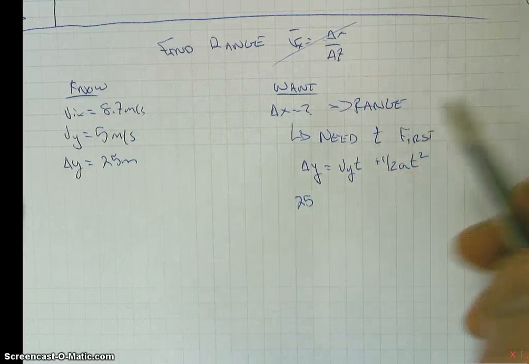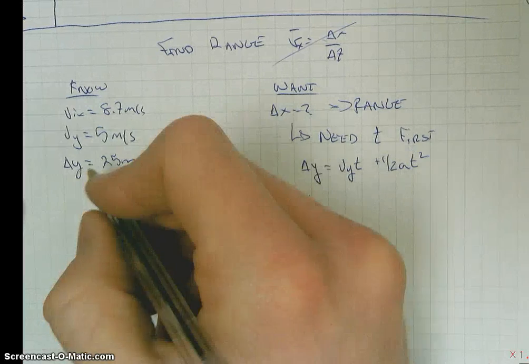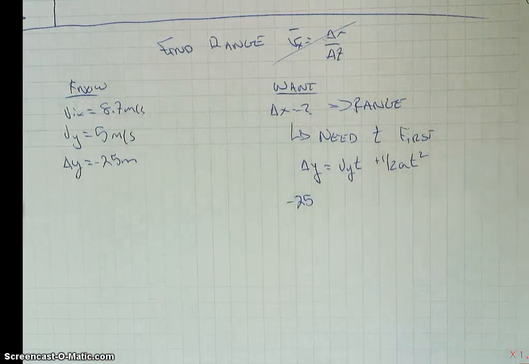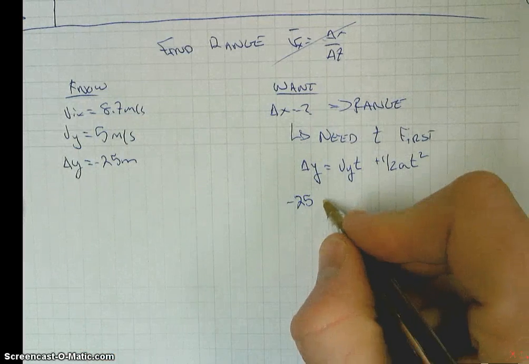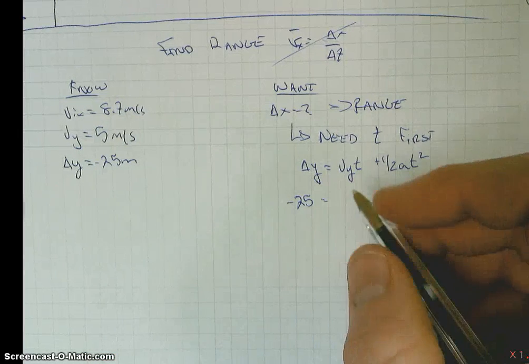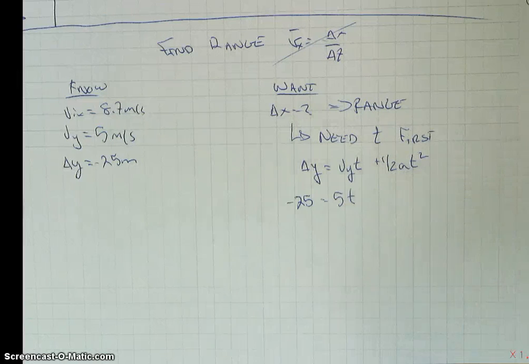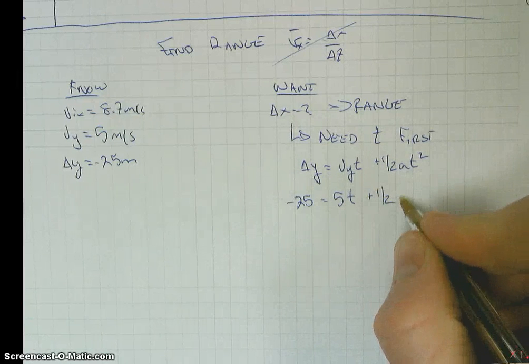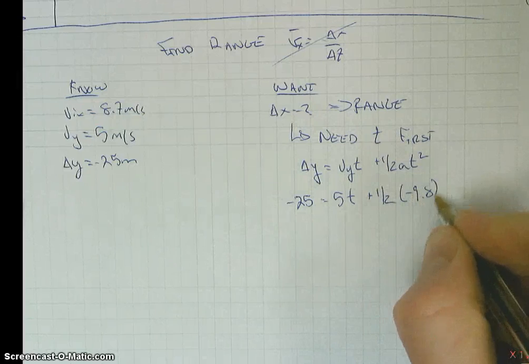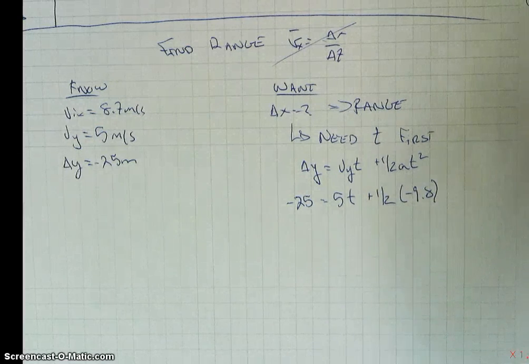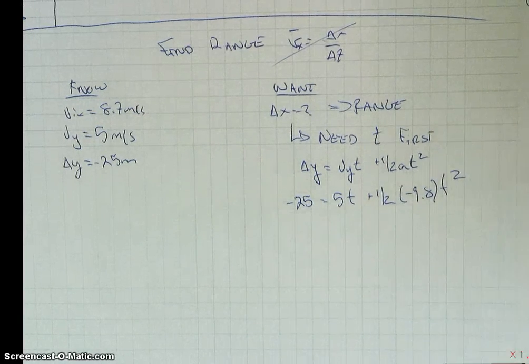For delta y we drop in 25 meters, but remember we're starting up and moving downward, so that's a negative 25 meters. My vy we solved to be positive 5 meters per second times t, plus 1/2 times my acceleration, negative 9.8, because objects accelerate towards the center of the earth, times t squared.